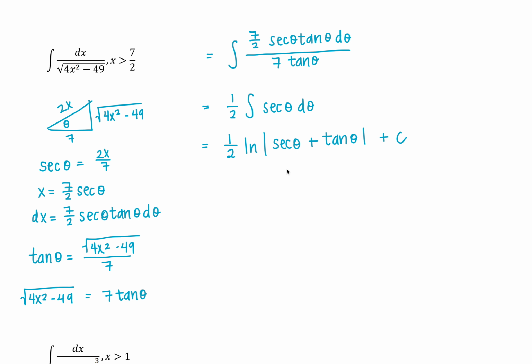The only thing that I have left to do here is to go back and substitute for x. So secant theta is 2x over 7. Tangent theta is the square root of 4x squared minus 49 over 7.